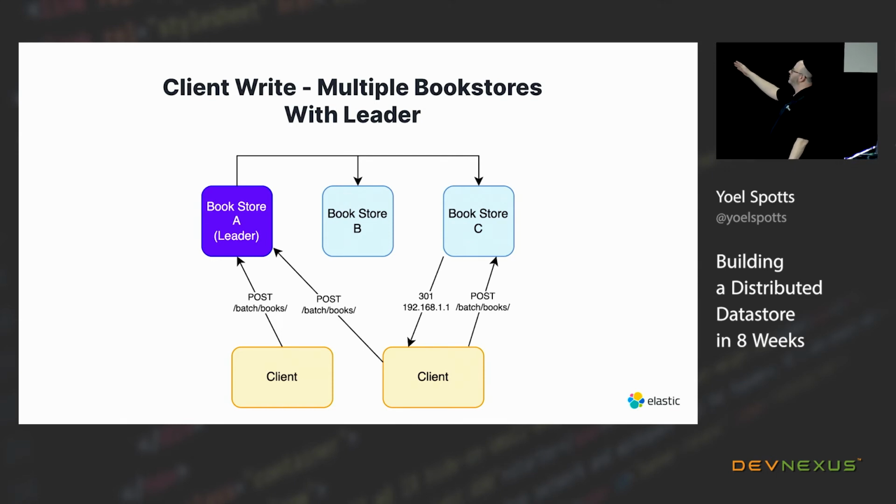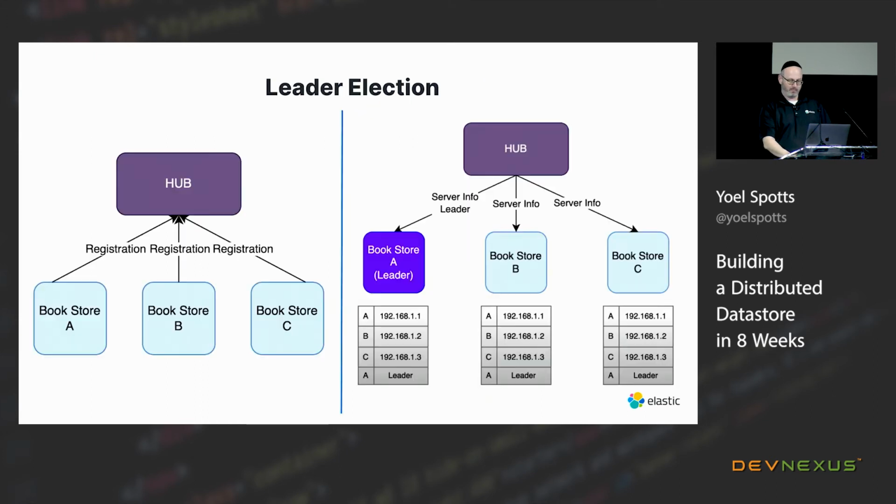The client on the right says to Bookstore C, hey, I want to post a batch of books, and this is going to involve multiple servers. Bookstore C says, I'm not the leader, I'm sorry. I'll tell you who the leader is. Go to Bookstore A, and you'll be able to post all of your books there to do a batch operation. Then we could do server forwarding, and we'll be able to avoid any inconsistent data. So fantastic, we've got a solution to how we're going to coordinate the writing of this batch operation. But how are we going to choose a leader?